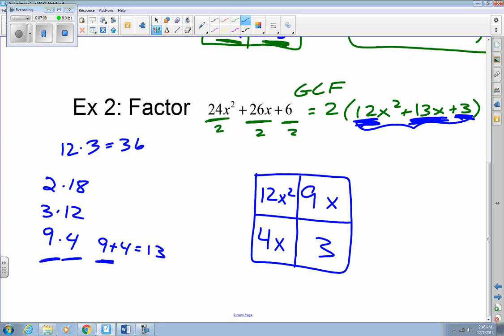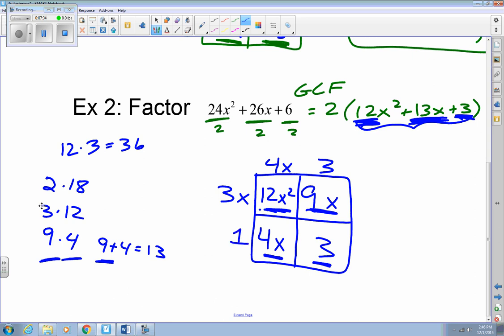Now we take each column's greatest common factor: 12x squared and 4x, greatest common factor is 4x. Between 9x and 3 it is 3. Now rows: 12x squared and 9x, greatest common factor is 3x. 4x and 3, there is no greatest common factor besides 1, so we will take 1 out.